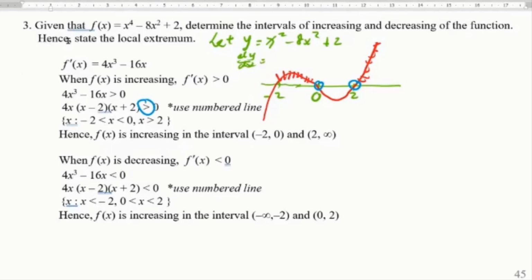Okay, then hence means use the answer just now to find the local extremum. Local extremum can be a local maximum or a local minimum.